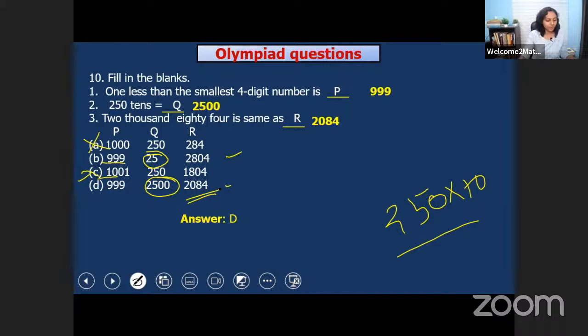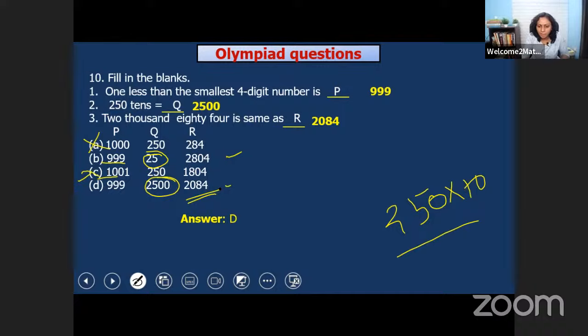So option D would be the right one. Yes, answer D is the right one. Very good, you all have done correct. It is D, not A. Very good. Option D is the right one.